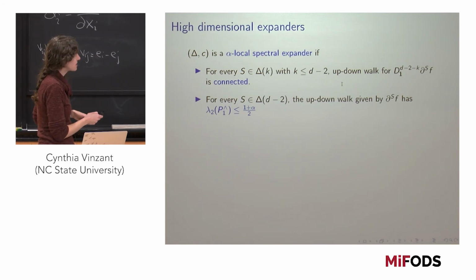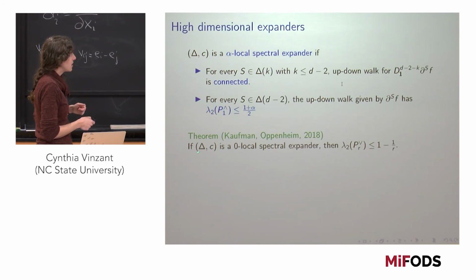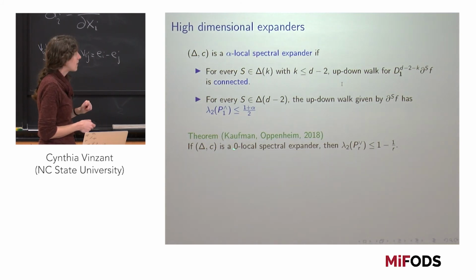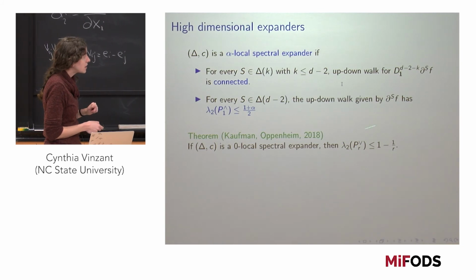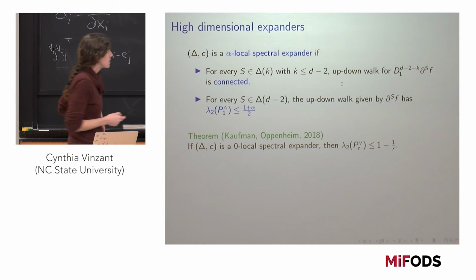But the way it plays into this story is there's this rather remarkable theorem that you can actually use this combinatorial information, and then a bound on eigenvalues of much smaller matrices, to give a useful bound on the transition matrix of one of the giant matrices.